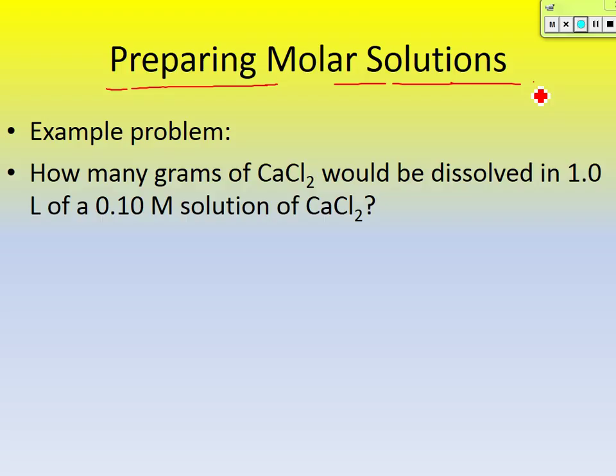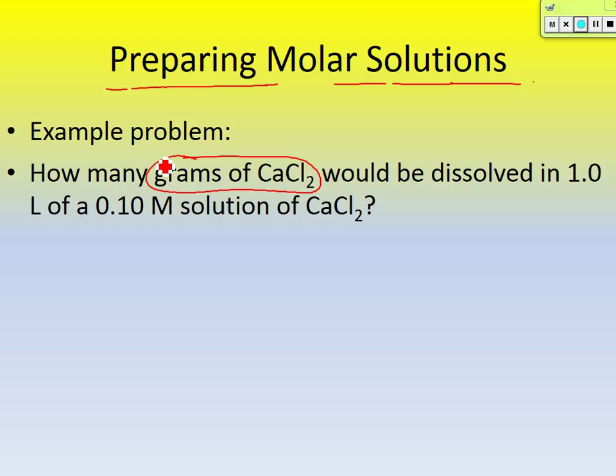It says, how many grams of calcium chloride, CaCl2 is calcium chloride, would be dissolved in a 1.0 liter of a 0.1 molar solution of calcium chloride? Okay, first of all, what is it asking us for? Grams of calcium chloride. It says how many grams of calcium chloride we would need to dissolve in that.